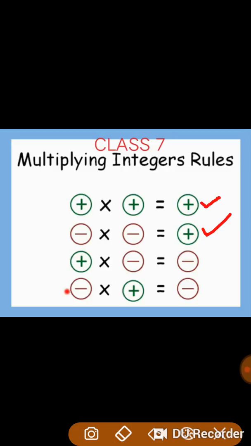But if you are multiplying a positive integer with a negative integer, it results in a negative integer. Or if you are multiplying a negative integer with a positive integer, it results in a negative integer again.